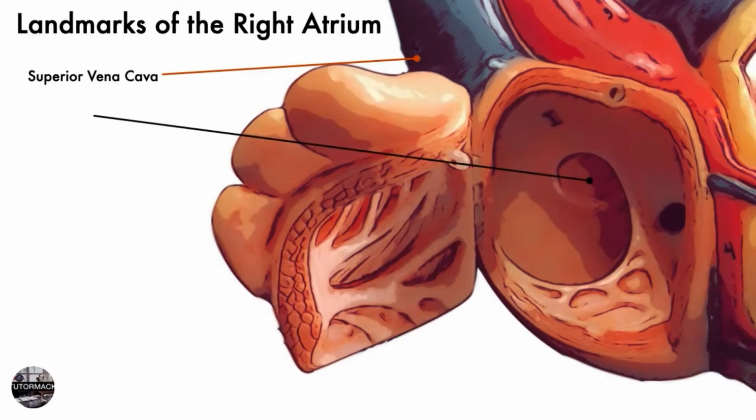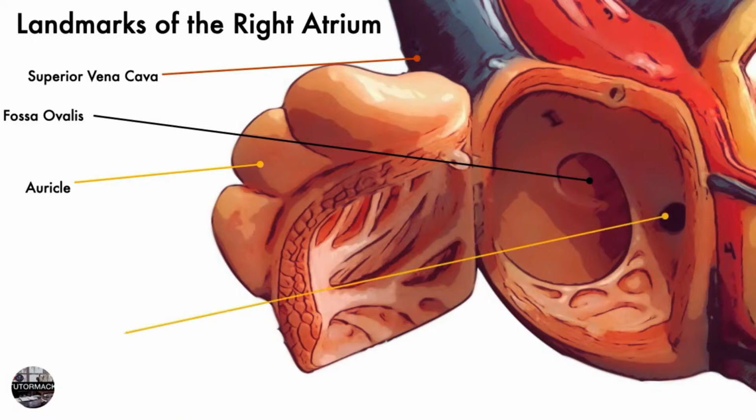How about here? Yeah. Fossa ovalis. How about here? That's right. Auricle. Here? Yes, that's right. Opening for the coronary sinus.